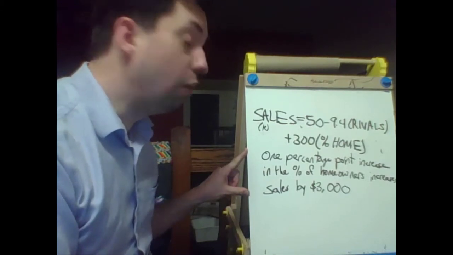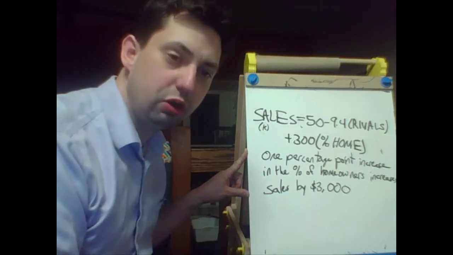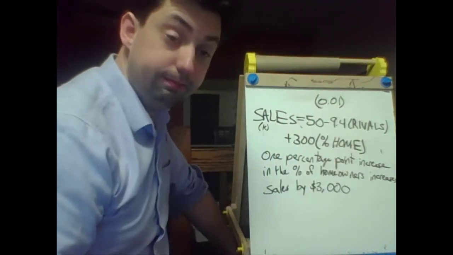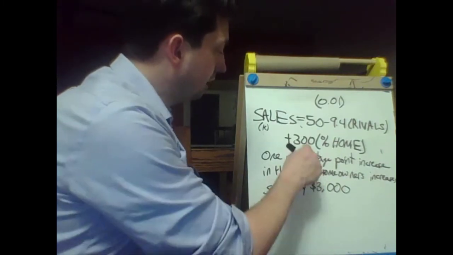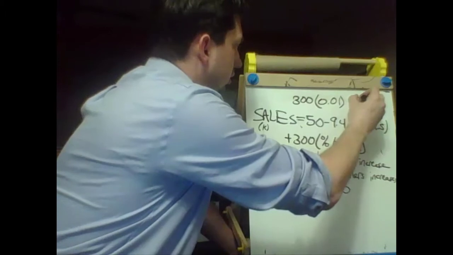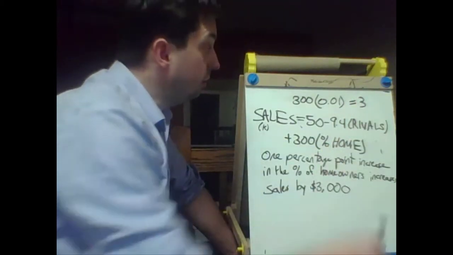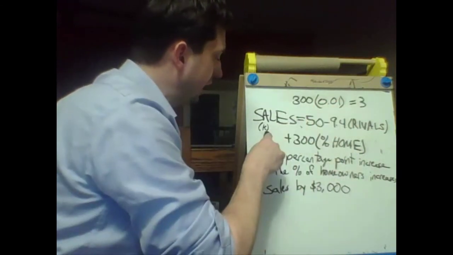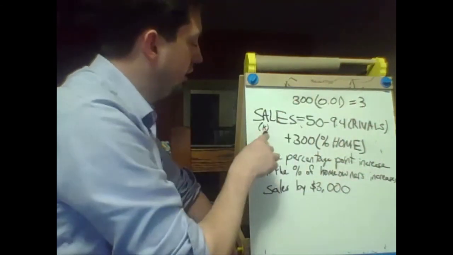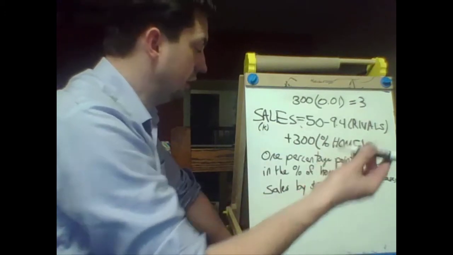Therefore, a 1 percentage point increase, not a 1% increase, but a 1 percentage point increase, or an increase of 0.01, multiplied by a coefficient of 300, would increase our sales by $3,000. Again, it's 3, but it's 1,000 because the sales are in thousands, and then dollars.